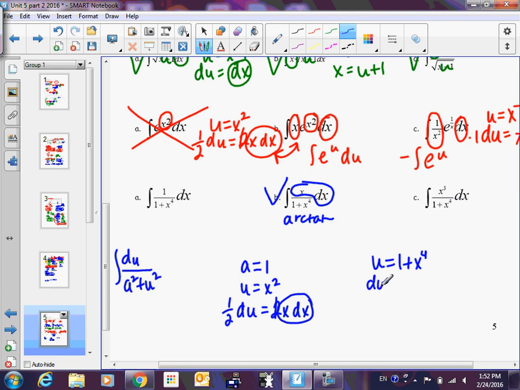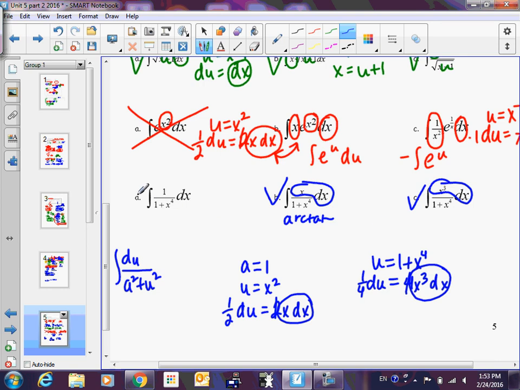And by work, I mean the du is going to be in the problem or not in the problem. So what is the derivative of 1 plus x to the 4th? 4x cubed. Okay, the 4 is not the problem. But there better be an x cubed dx in order for this to work. So which one does that happen with? C.